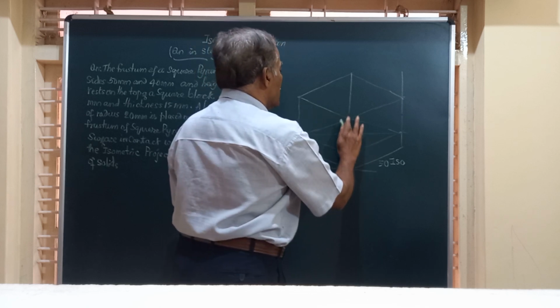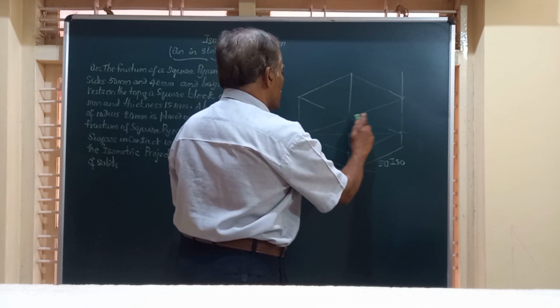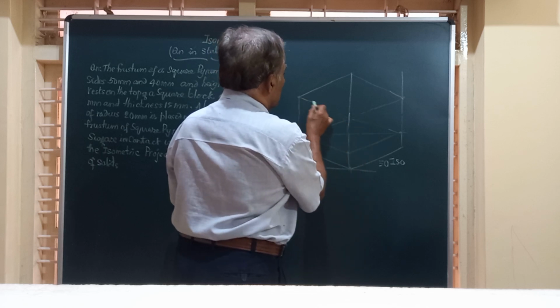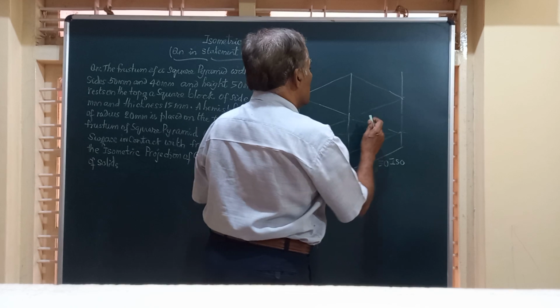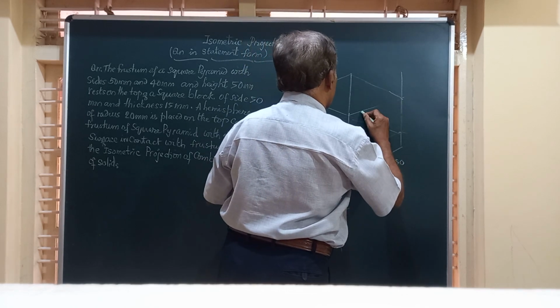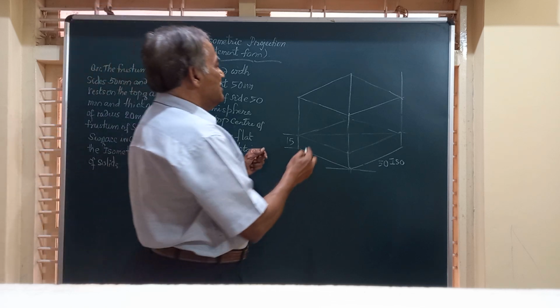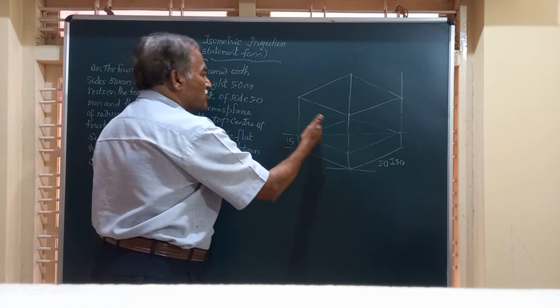So friends, what we do now, let me draw it. From here, 50. The line should be parallel, then only you get a proportionate sketch, friends. Here, this is a square prism.